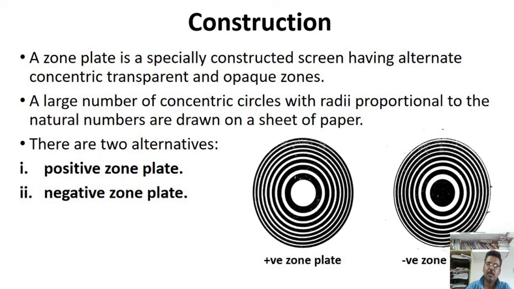The dark and bright zones alternate, and so the pattern changes. Here, the first zone is white in the positive zone plate, and here the first zone is dark in the negative zone plate.